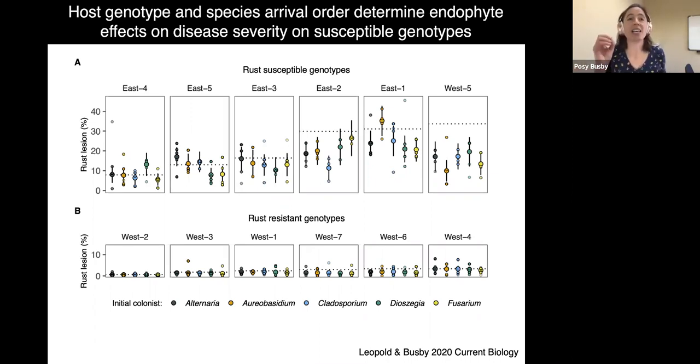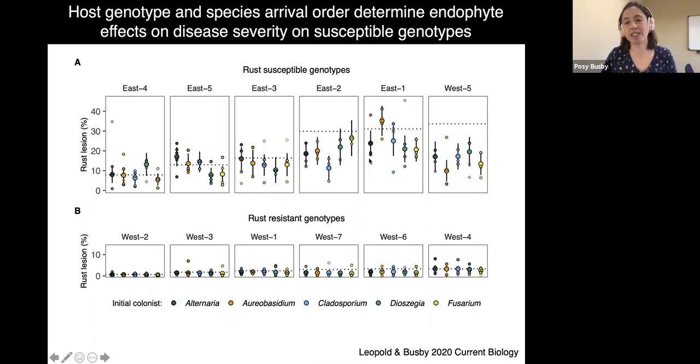First we see that endophyte communities, and again, this is communities, not individual endophytes, can modify disease severity and primarily reduce disease severity in this experiment. But this didn't happen on all genotypes. On some genotypes we see disease reduction, but on others we see no effect of the endophyte community. So it's a community by genotype interaction.